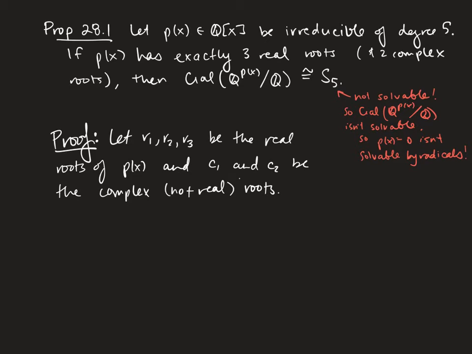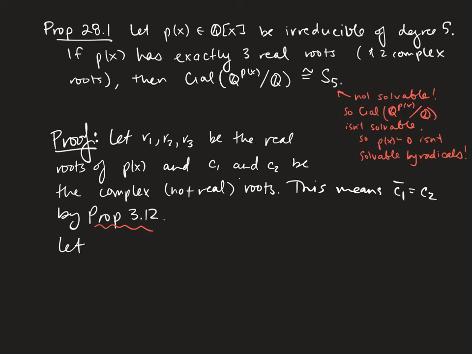And we're going to remind ourselves that C1 conjugate is C2 by proposition 3.12. So that's a look at something we did back in chapter 3.